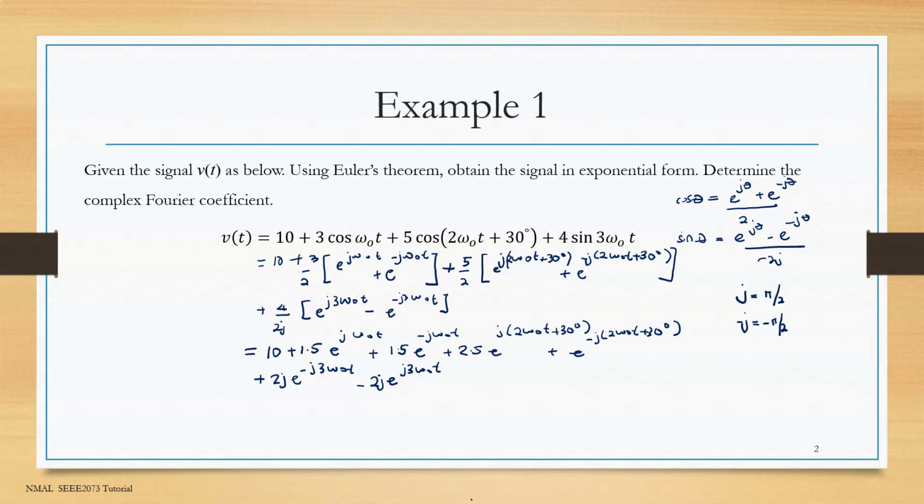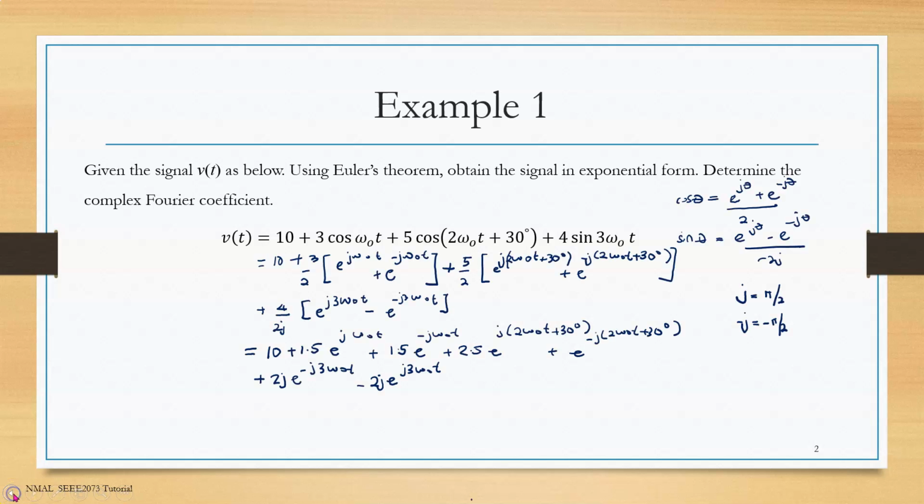You rearrange from the smallest negative to the biggest positive number in terms of frequency. So it will become equal to 2 e^(j pi over 2) e^(-j3 omega naught t).